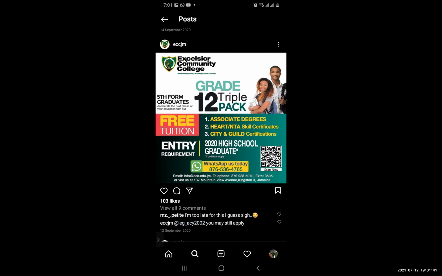It is more affordable, easier on the pocket. It benefits parents and the younger generation, Generation Z. People can come in for further education without a hassle or thinking where they're going to get money from to go to sixth form or any other college. Excelsior is giving them an easier way out.